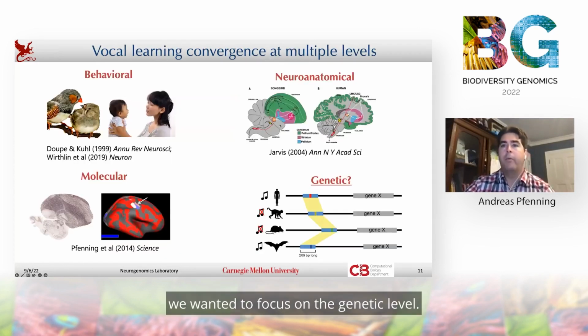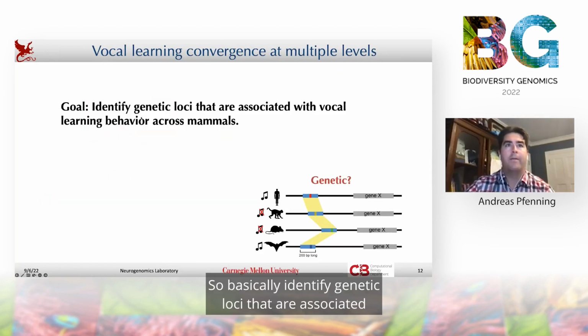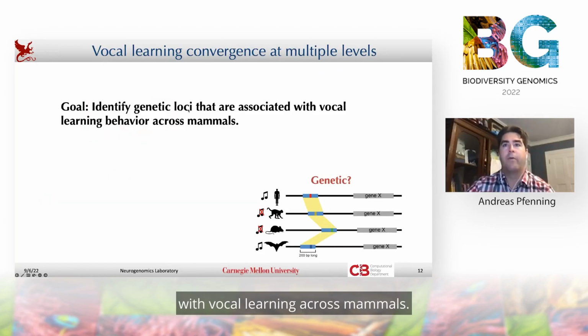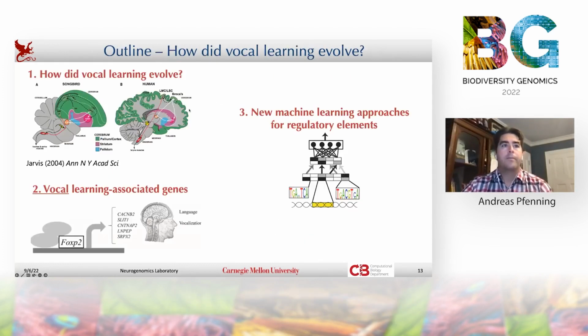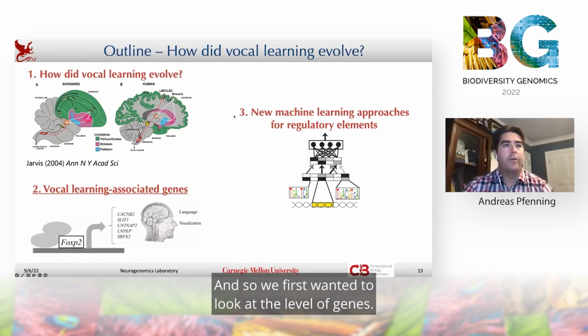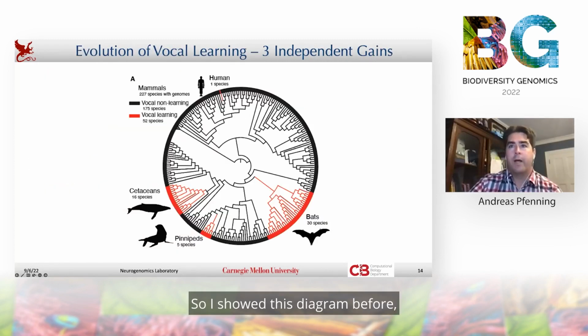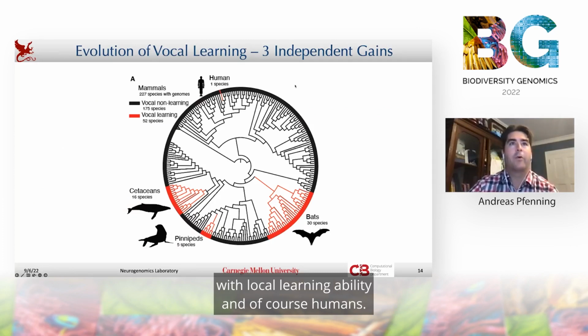Now, with that in mind, we wanted to focus on the genetic level, so basically identify genetic loci that are associated with vocal learning across mammals. We first wanted to look at the level of genes. I showed this diagram before, but basically we had all of these species, cetaceans, pinnipeds, and bats with vocal learning ability, and of course humans.